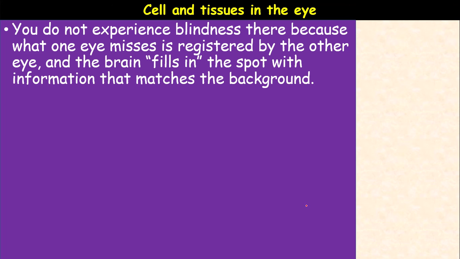We do not notice the blindness because what one eye misses, that is right or left, is made up for by the other eye. Okay. If the right eye misses any information, it is covered by the left eye, and the brain fills in the gap, the spot, with information that matches the background.